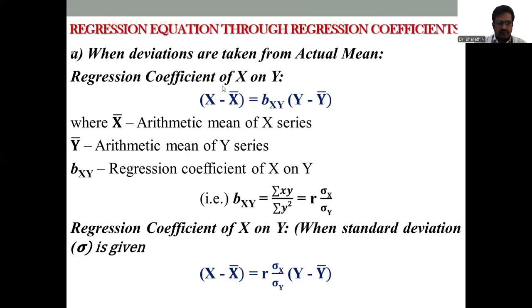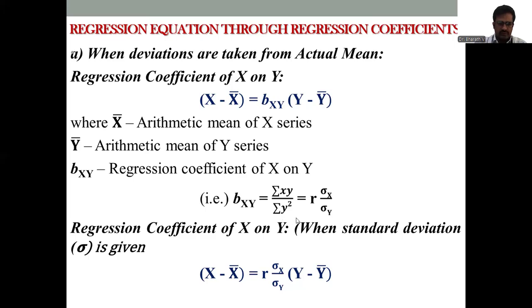Similarly for x on y, the formula is x minus x bar equals b xy multiplied by y minus y bar. How do we calculate b xy? b xy equals sigma xy divided by sigma y squared.